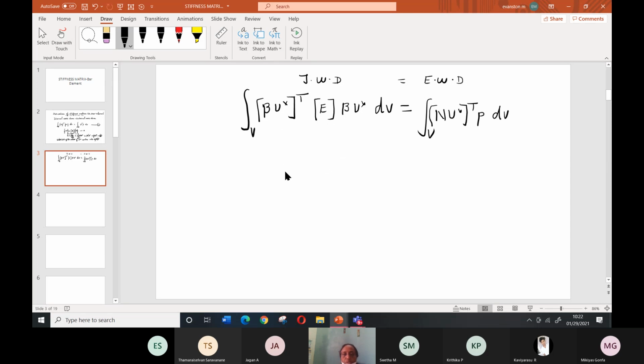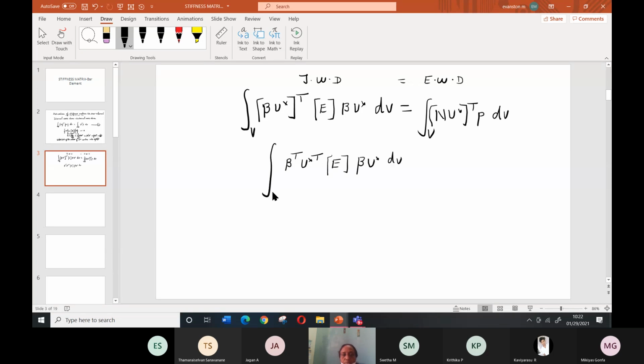So putting all these values, you are getting beta transpose, U star transpose. You can put the E value into beta into U star into dV.